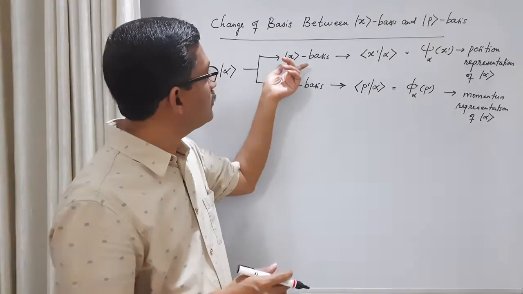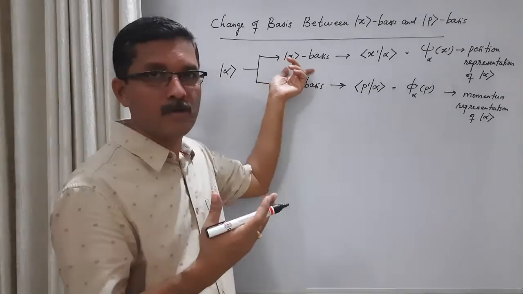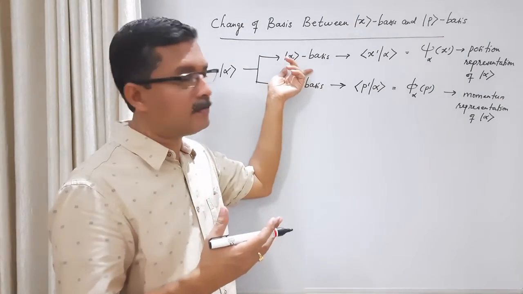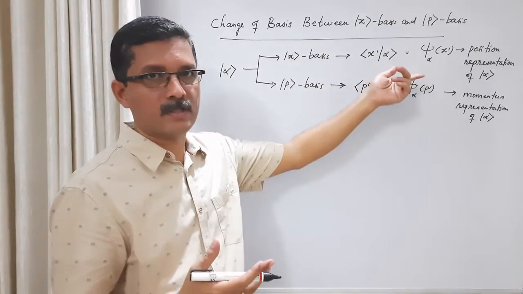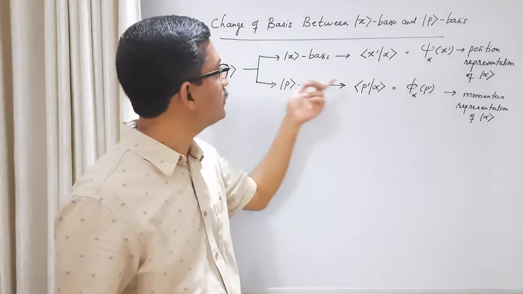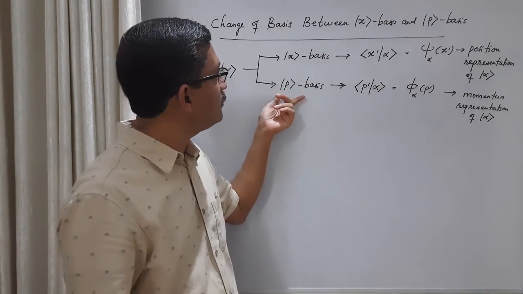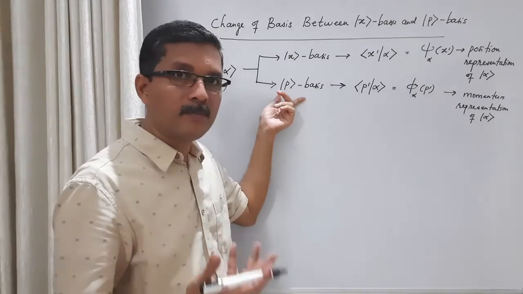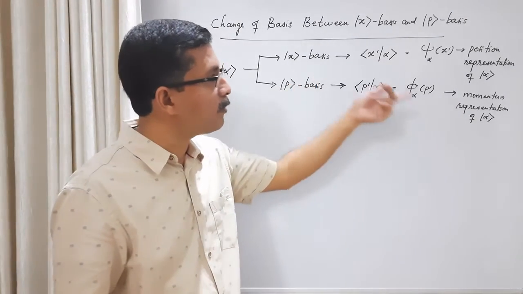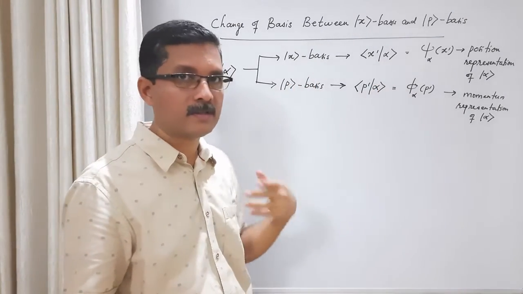If the basis is the basis of position operator, then we get position representation of vectors and operators. If the basis is the basis of momentum operator, then we get momentum representation of vectors and operators.